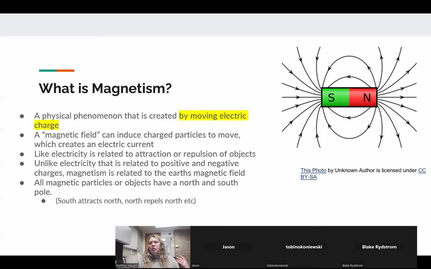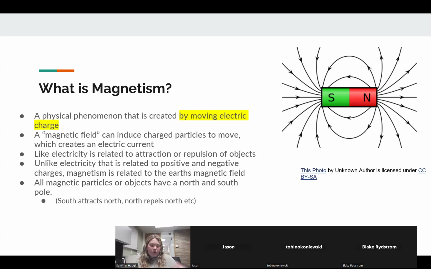Similar to electricity, magnetism is also related to the attraction or repulsion of objects, right? We're probably all aware of this because if you have a magnet, we know it has that south pole and the north pole. Unlike electricity, which is related to positive and negative charges, because electrons are negative and things like protons are positive, magnetism is related to the Earth's magnetic field where we have the south and north pole.